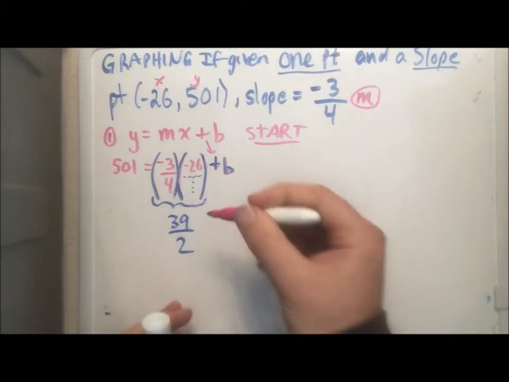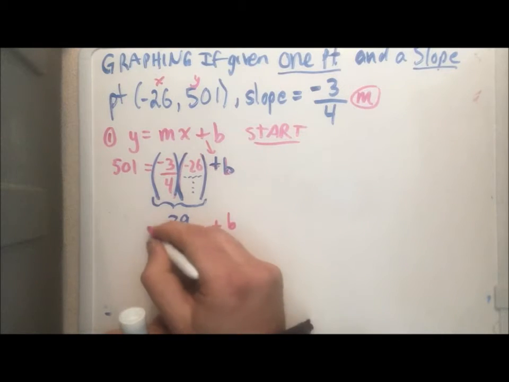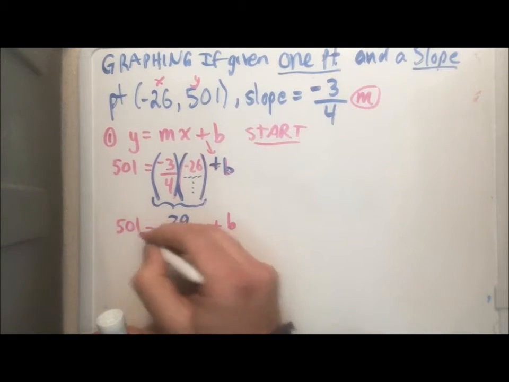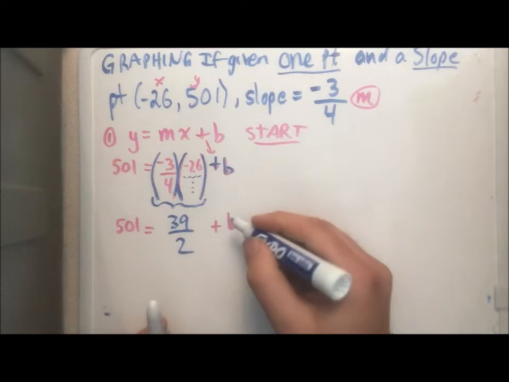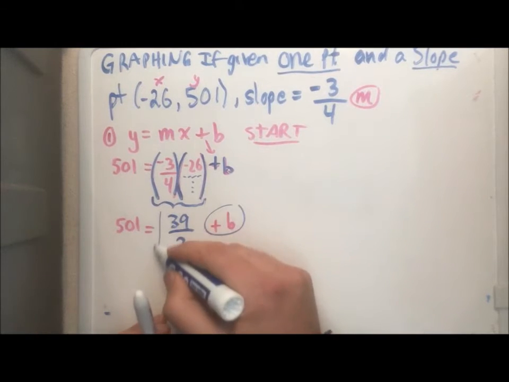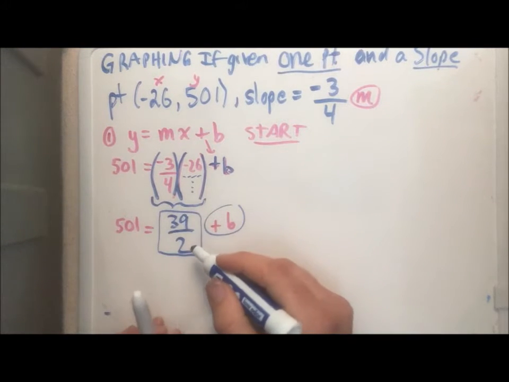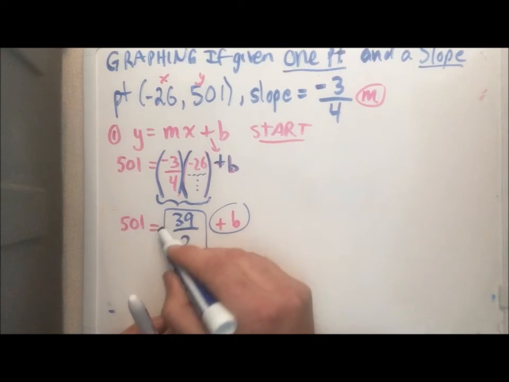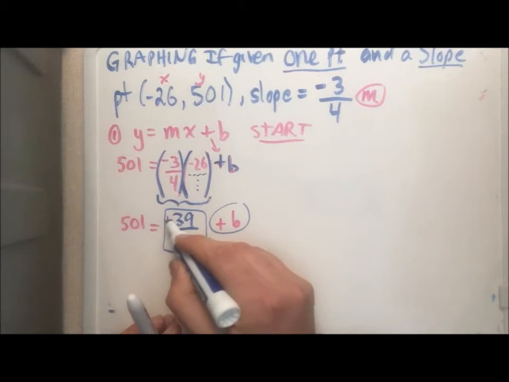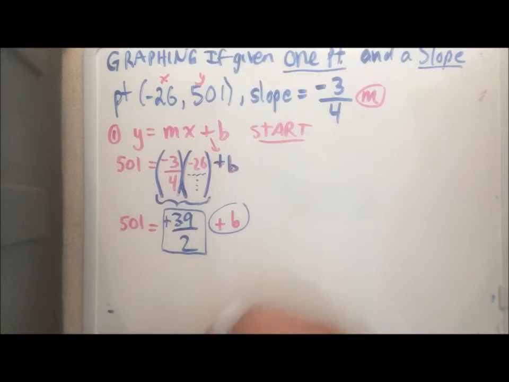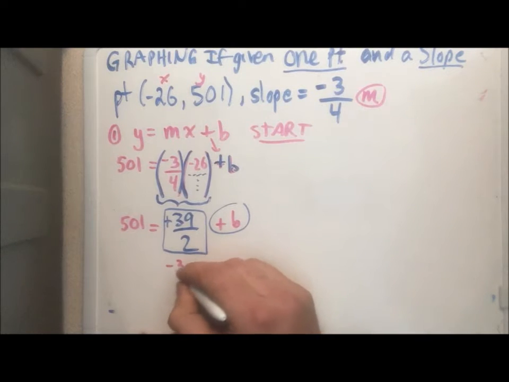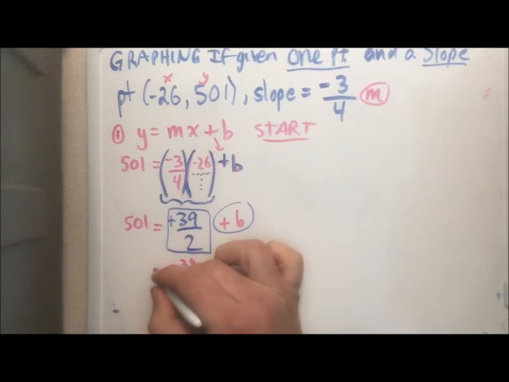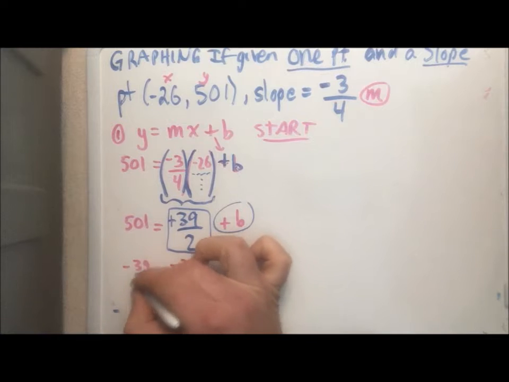I'm just going to bring everything down where it is. Plus b equals 501. And so I want to get b by itself, so I have to get rid of this guy, just like the other question. There's no sign in front, so that means it's positive. So I'm going to subtract that chunk from both sides. 39 over 2 minus 39 over 2.